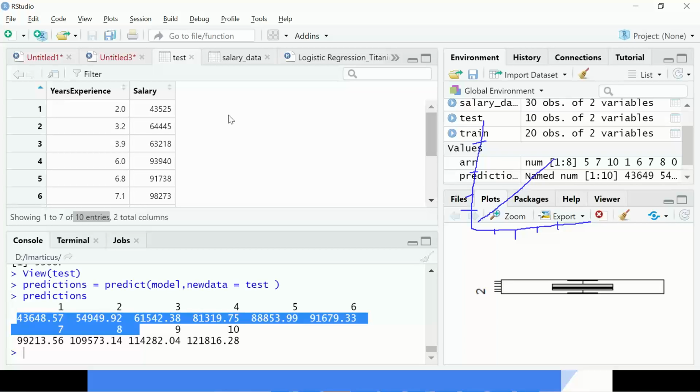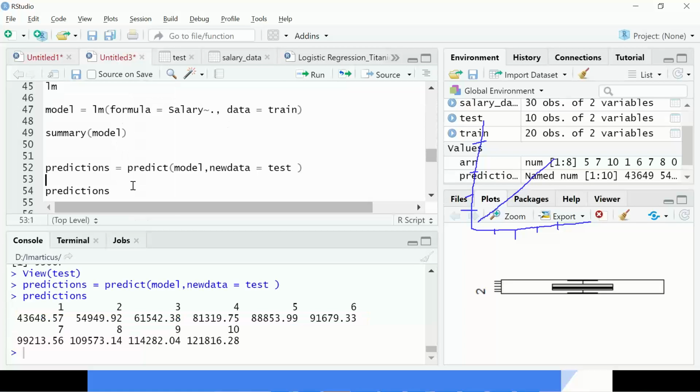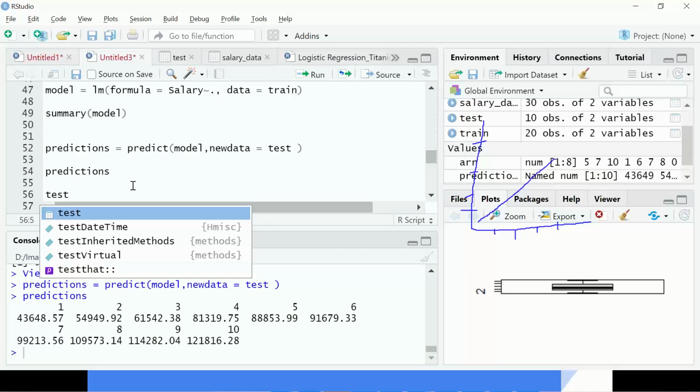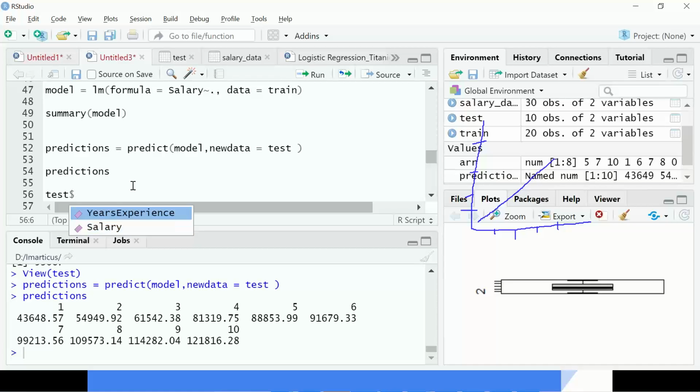Try it. You can use cbind. You can also use a formula like this, because you already have a data frame with you, that is test. I can say test dollar, and by default it is giving me these two columns.